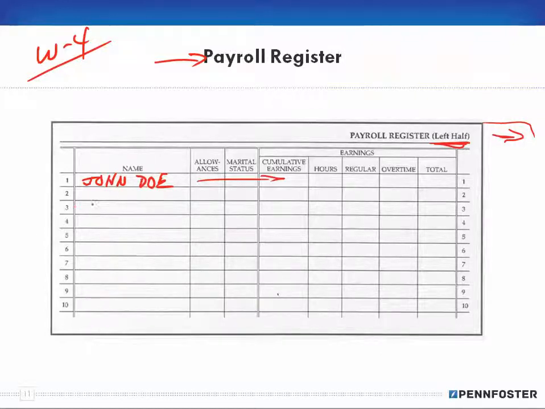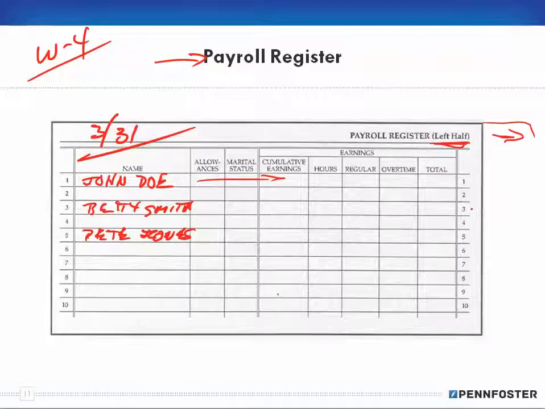In this payroll register, you would have John Doe, say Betty Smith, say Pete Jones, okay? And this would be a record of this particular payroll for whatever payroll period that happens to be. And it would show how much they're paid and all of the additional data in order to start to calculate your gross pay, what the deductions are, and what the net pay ends up being, okay?